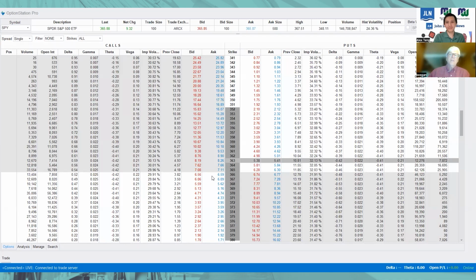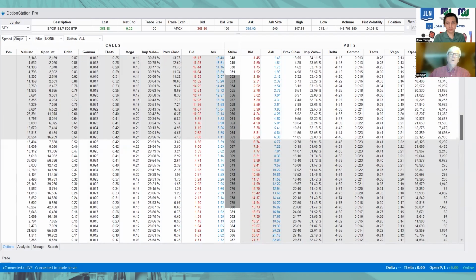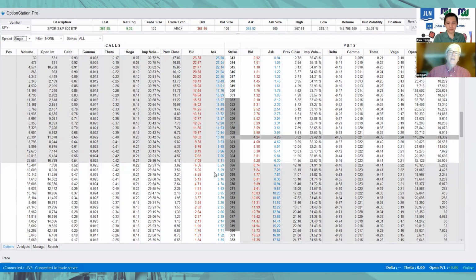If we're looking to sell a vertical call spread, let's take a look at Spider, which expires a week from tomorrow, next Friday. We're going to sell it at $6.57.